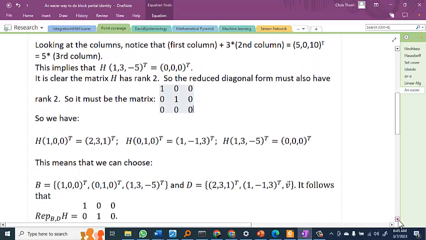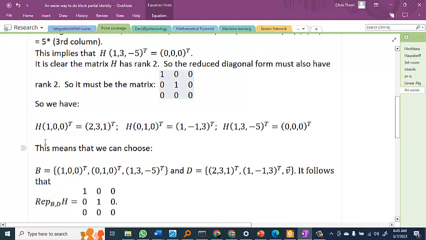So if I choose the three basis vectors (1, 0, 0), (0, 1, 0), (1, 3, -5) for my B, and (2, 3, 1), (1, -1, 3), and any vector at all for my D, then my representation matrix of H is going to be (1, 0, 0), (0, 1, 0), (0, 0, 0).